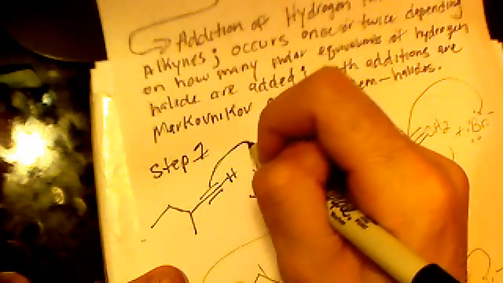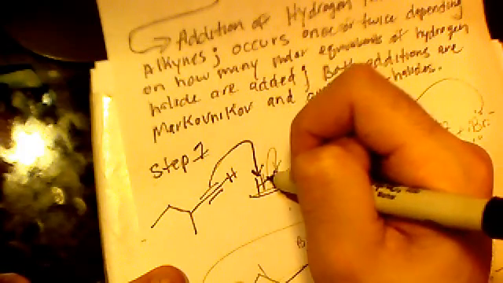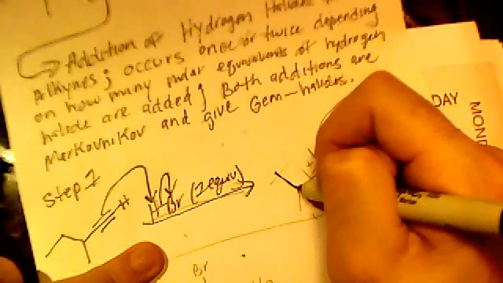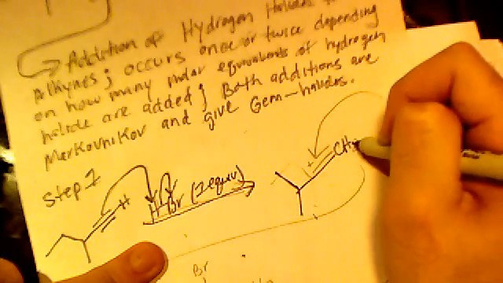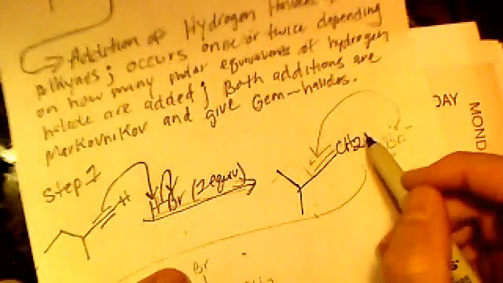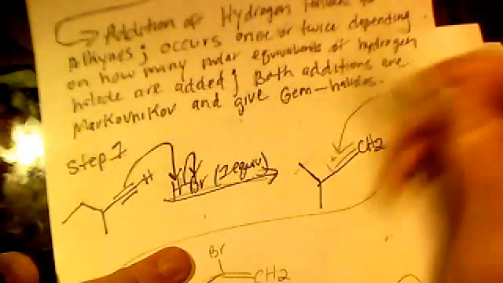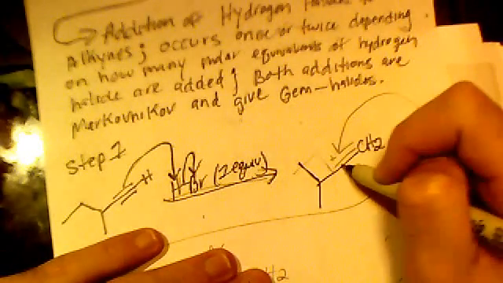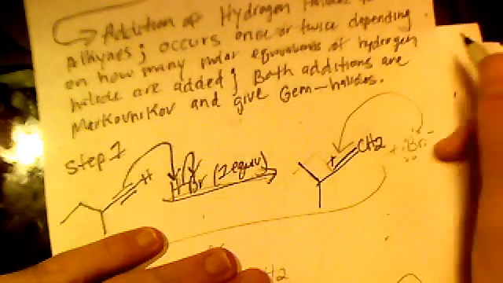The alkyne pi bond gives its electrons to the hydrogen. This bond breaks, and we're left with the following. It's Markovnikov, so the H goes to the carbon that already had more H's. Right, and then this is where it's positive.